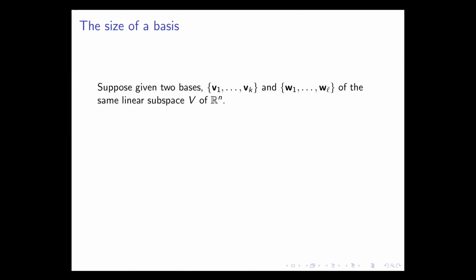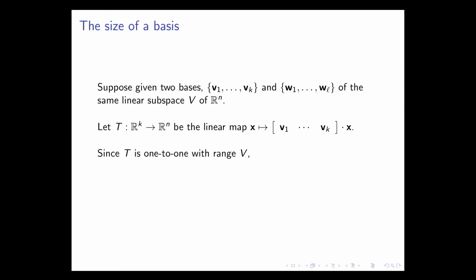Suppose we have two bases, V1 through Vk and W1 through Wl, of the same linear subspace V of Rn. Now, consider the linear transformation T from Rk to Rn, the standard linear map, which takes X to the matrix whose columns are the vectors Vi, multiplied by X. Since T is one-to-one with range V, there is a unique element of Rk which maps to Wi.